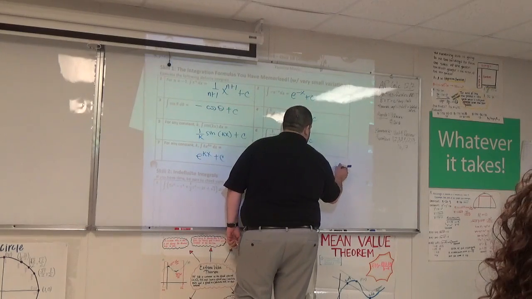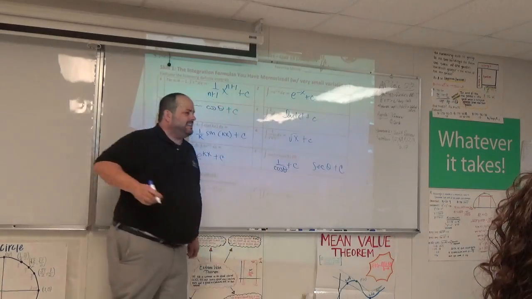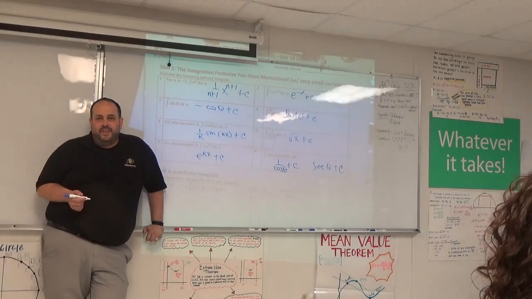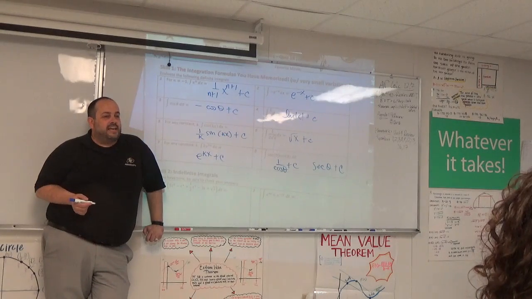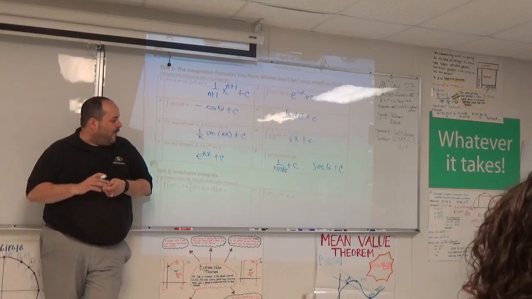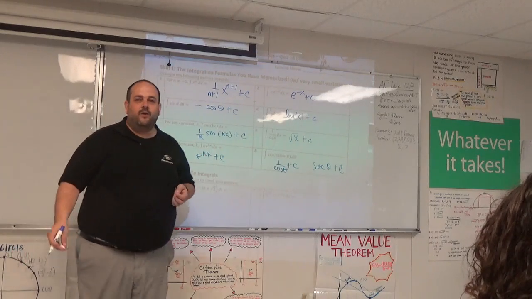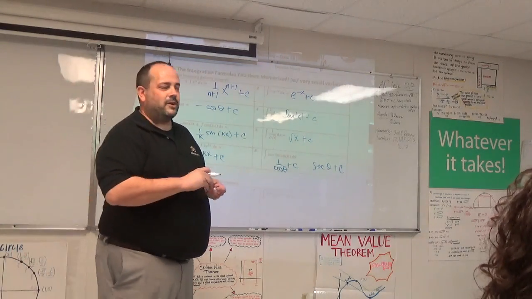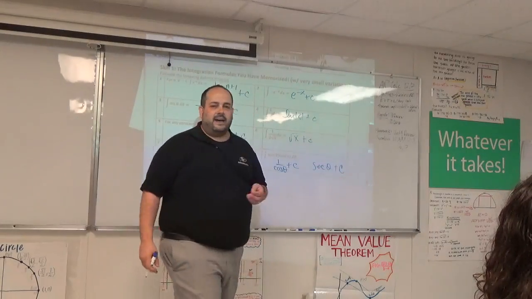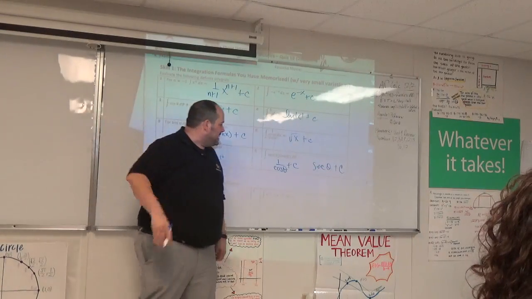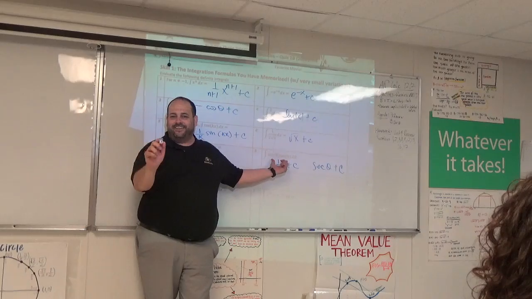What the young woman up front said is secant theta plus c. Same thing. How on earth you got 1 over cosine theta, I am never going to know. We're just going to thank the Khan Academy and Googling.